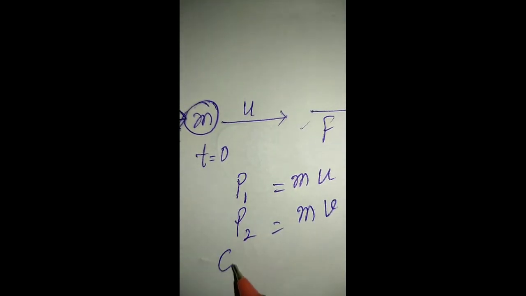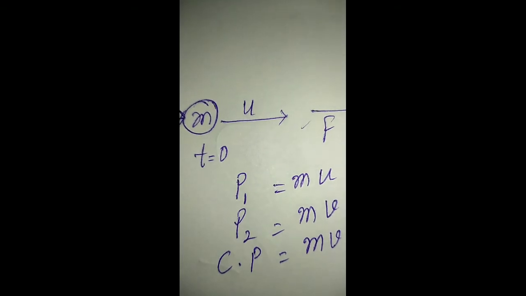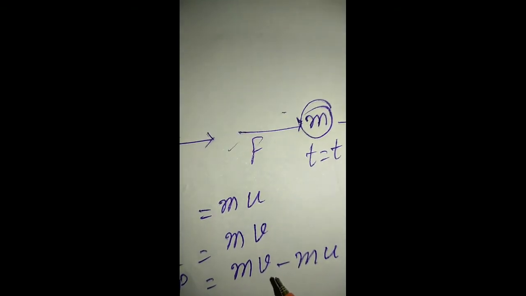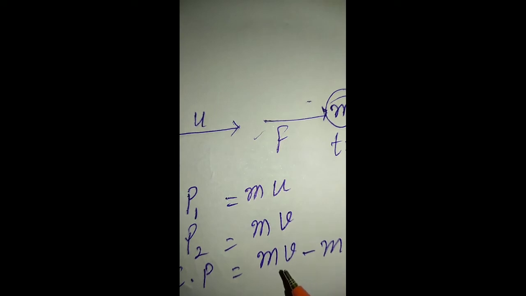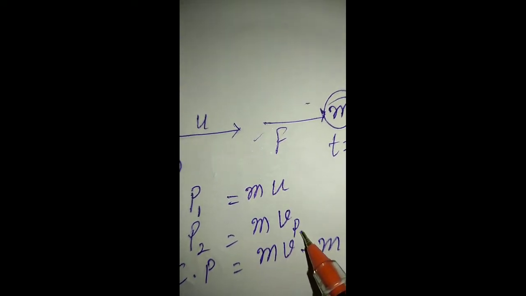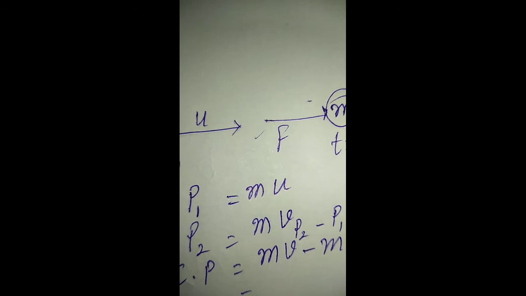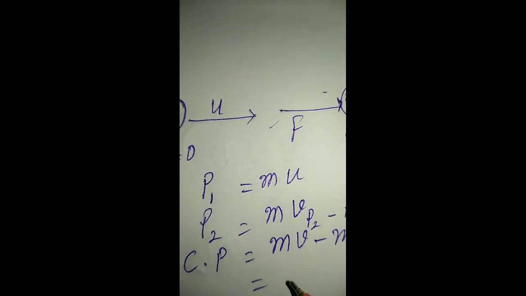Now what is change in momentum? Change in momentum is final momentum minus initial momentum, that is P2 minus P1. Now you can take m as common, so the change in momentum is m into (v minus u).